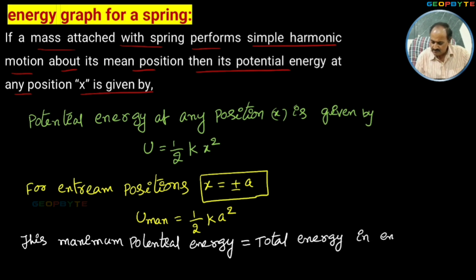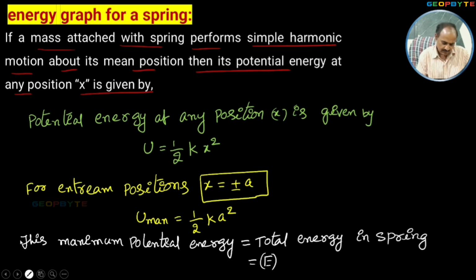Let that total energy in the spring be capital E equal to half k a square. Then what will be the kinetic energy?